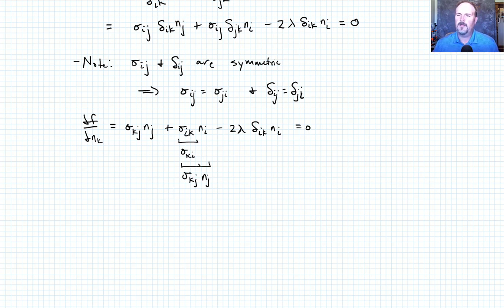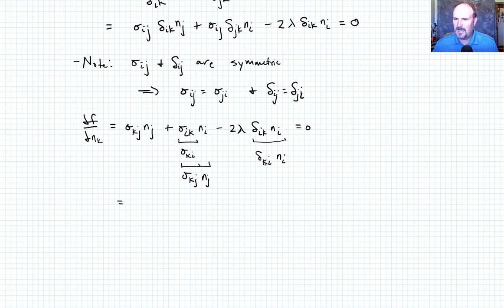That's allowed. Similarly over here, because of the symmetry of the Kronecker delta, this is the same as delta ki times ni.